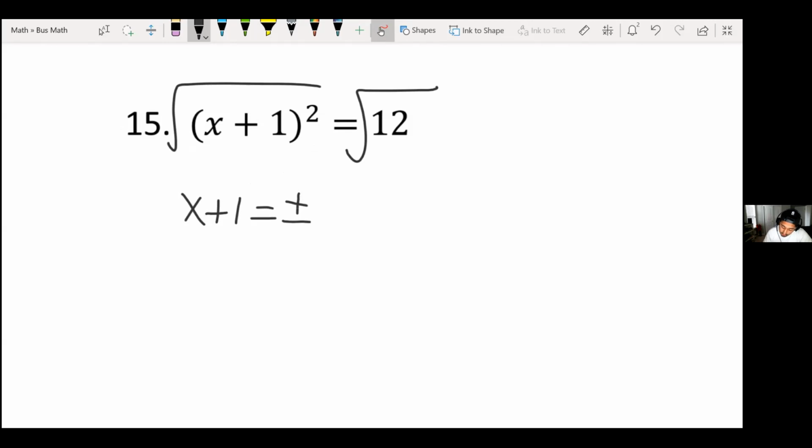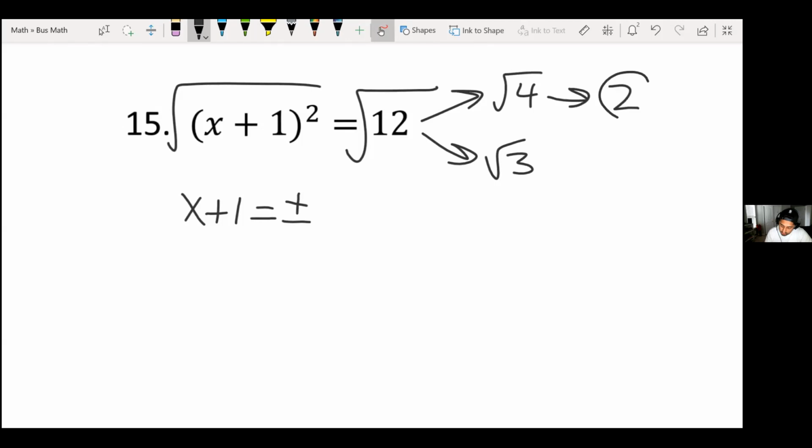the square root of 12. Same breakdown. Choose factors that go into 12. I'm going to say square root of 4 times square root of 3. Square root of 4 is 2. Square root of 3 stays there. So what you're left with is 2 times the square root of 3, so plus or minus 2 square root 3. Okay, all that's left to do is solve for x. So that means just take the 1 and subtract it from both sides.